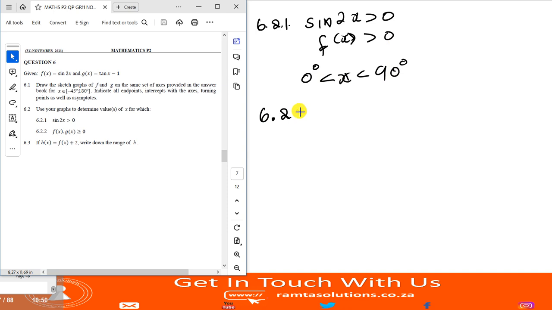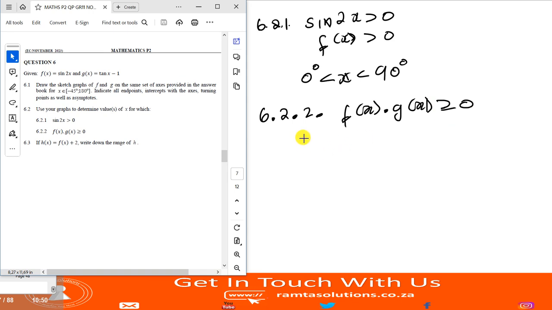6.2.2 says f of x times g of x is greater or equal to 0. Meaning f of x times g of x is greater or equal to 0. What does it mean?